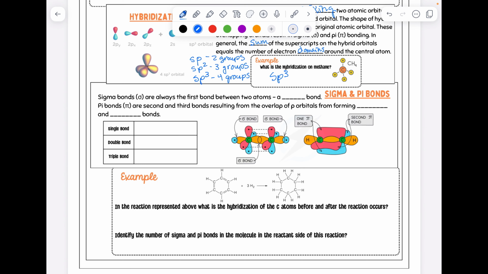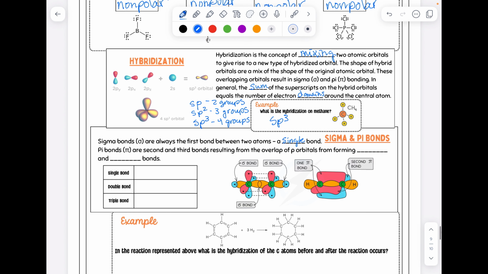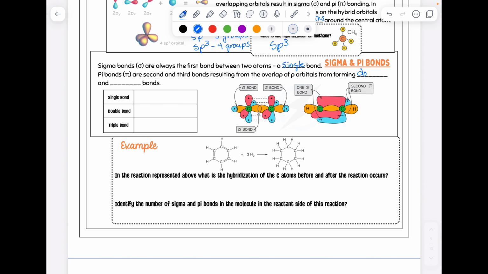Sigma bonds are always the first bonds between two atoms. So a single bond is a sigma bond. Pi bonds are the second and third bonds resulting from the overlapping of the p orbitals, forming double and triple bonds. So you'll see here, this is a single bond. Right here, that's your sigma bond.